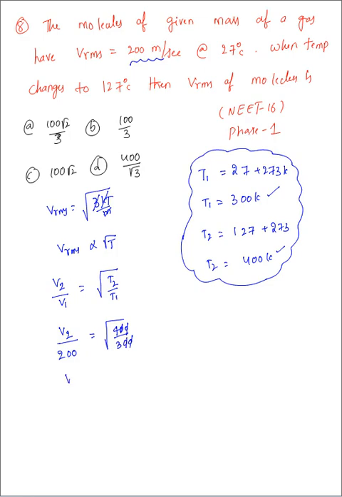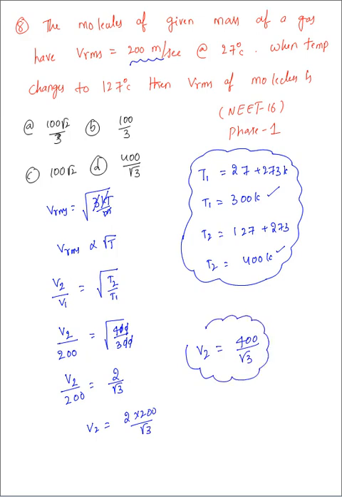V2 by 200 equals 2 by root 3. If I switch sides, V2 equal to 2 into 200 by root 3. Therefore 2 2s are 4, so 400 by root 3. Which value? V2 value. This is the answer for this question. So which of the following options is correct? Option D is correct.